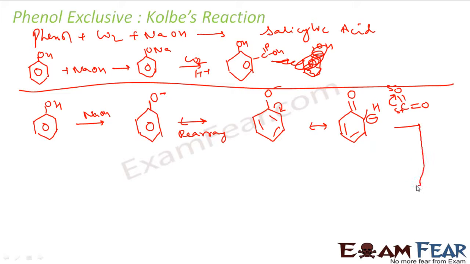What you get here is CO minus with a double bond. Perfectly fine. But we broke the aromaticity. We want it back. So how can we get it back?